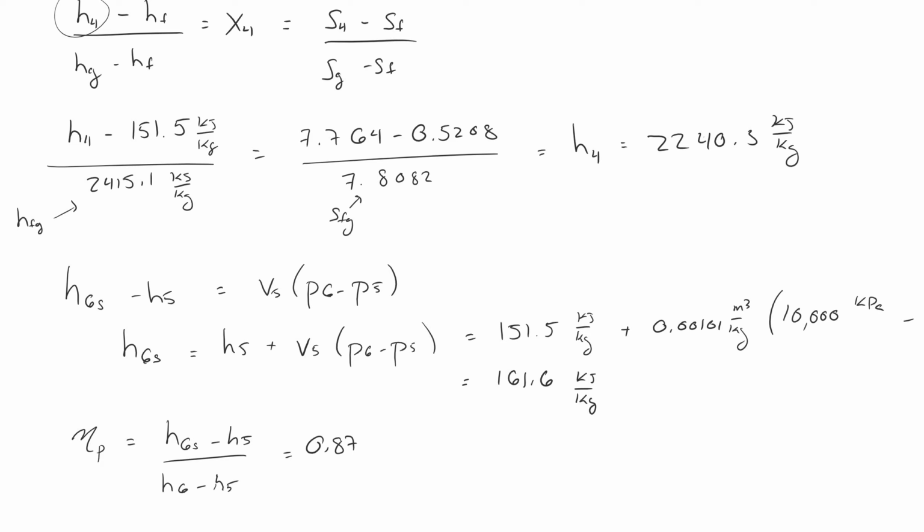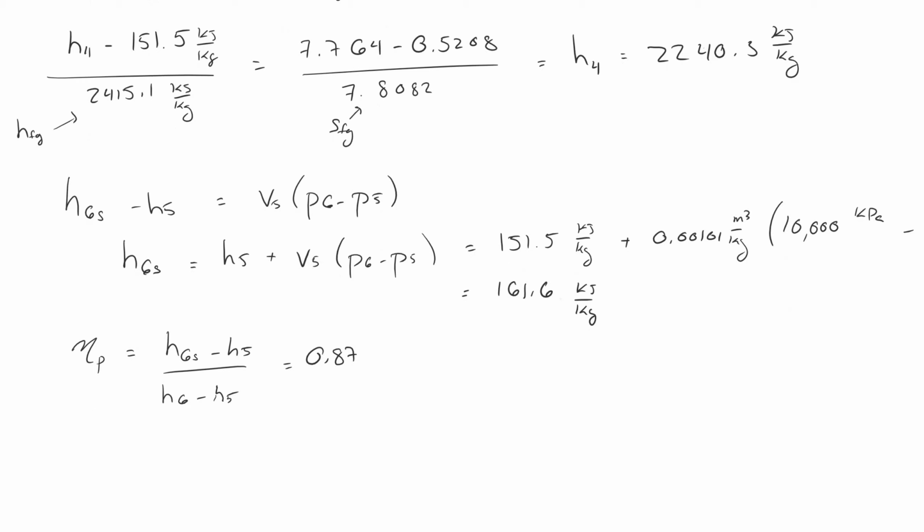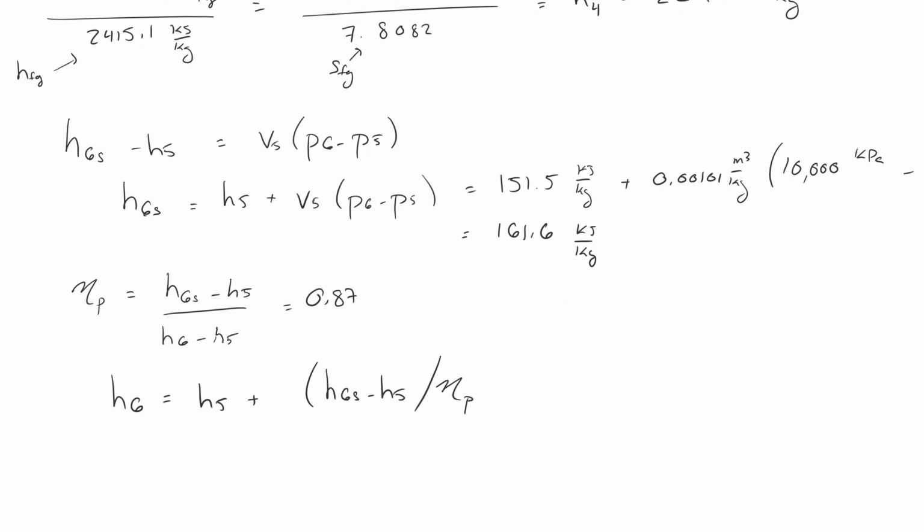So the efficiency is 87%. Therefore, H6 is going to be equal to H5 plus (H6S minus H5) over eta P. And just for the sake of neatness, I'm omitting my units here.